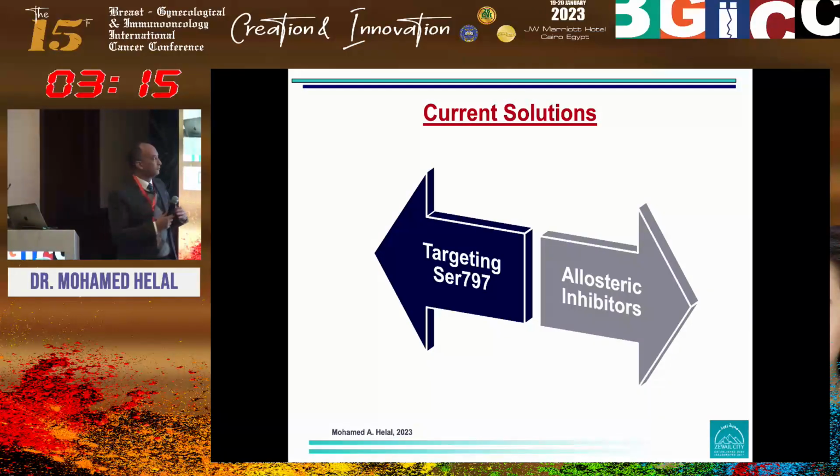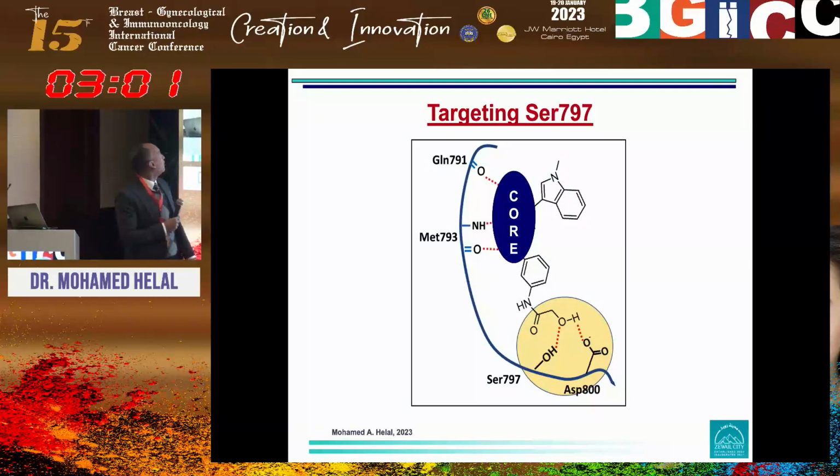So what are the solutions? We can target serine 797 instead of cysteine, or design an allosteric inhibitor and abandon the ATP binding site altogether. Briefly, I'll go quickly to meet the time.